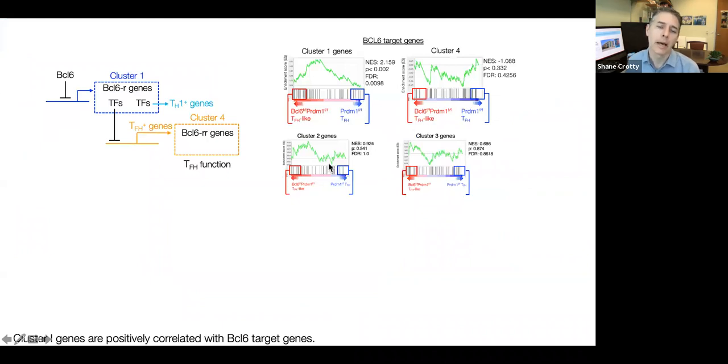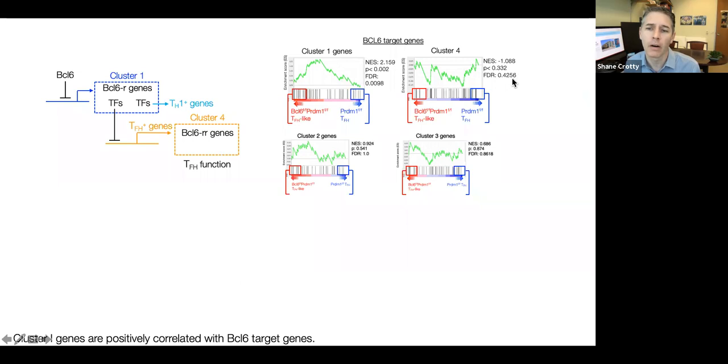So we tested that by cross-referencing to known ChIP-seq data. And in fact, cluster 1 genes were highly enriched for genes that actually have Bcl-6 binding motifs. Whereas if Bcl-6 is frequently functioning as an activator, the cluster 4 genes that are upregulated in the presence of Bcl-6 should also be bound by Bcl-6, and in fact, they're not.